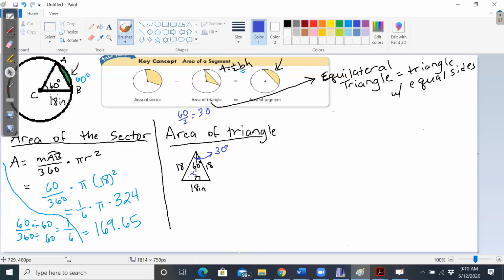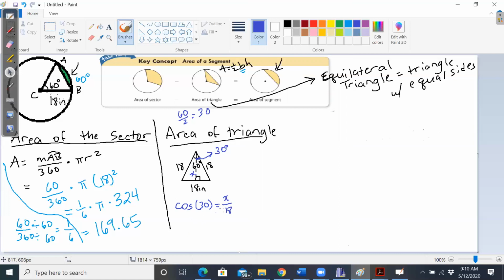Now we're trying to find the height of this triangle, so we can use trigonometry. From this angle, we have the hypotenuse, and this dotted line, the height, is adjacent to it. So I'm going to use cosine. Cosine of 30 is adjacent, which is what we're looking for, over hypotenuse.